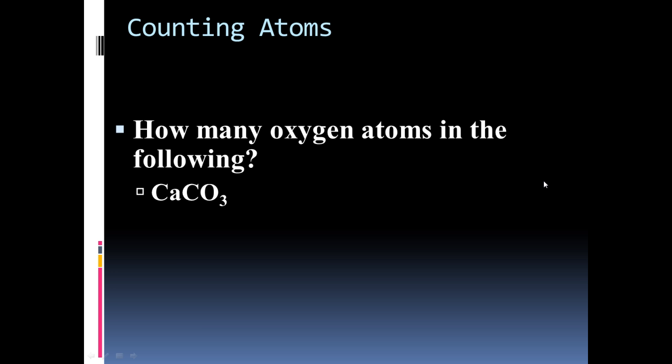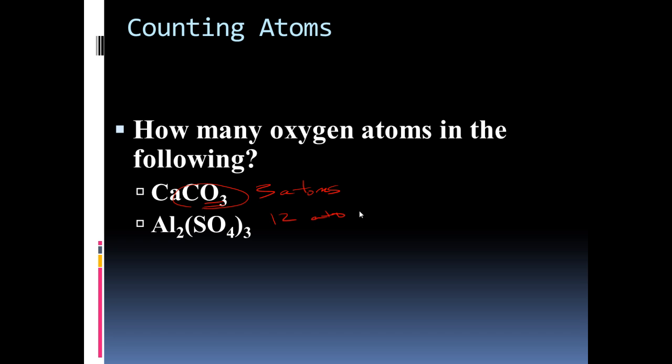So, how many oxygen atoms are in calcium carbonate, CaCO3? The 3 after the oxygen represents the 3 atoms. How about the next one with aluminum sulfate? Tell me how many oxygen atoms are in aluminum sulfate.